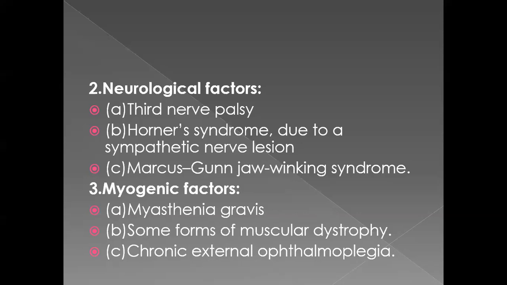Finally, there is Marcus-Gunn jaw winking syndrome. This is actually a congenital disorder where the nerve which supplies the eyelid is abnormally attached to the nerve that supplies the jaw muscles. What are the jaw muscles?